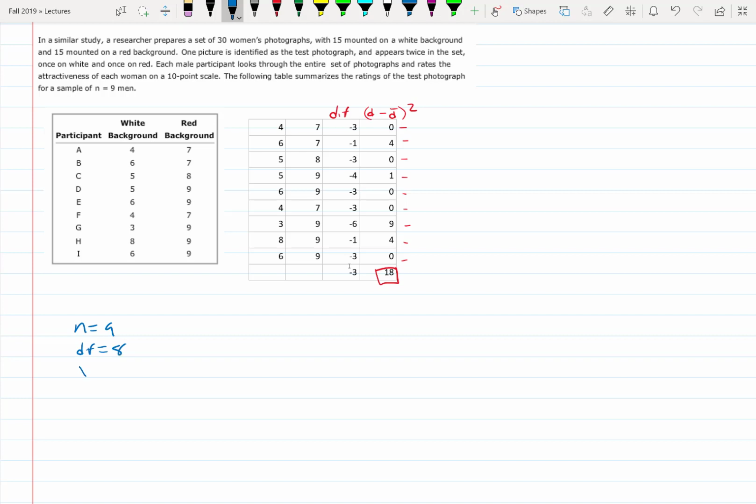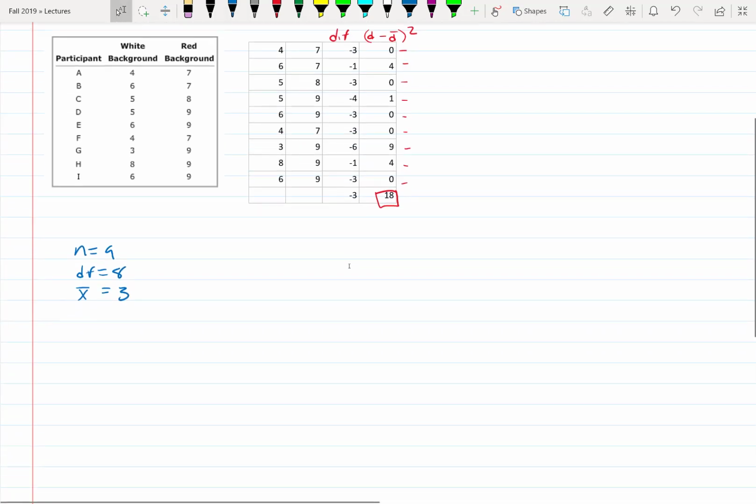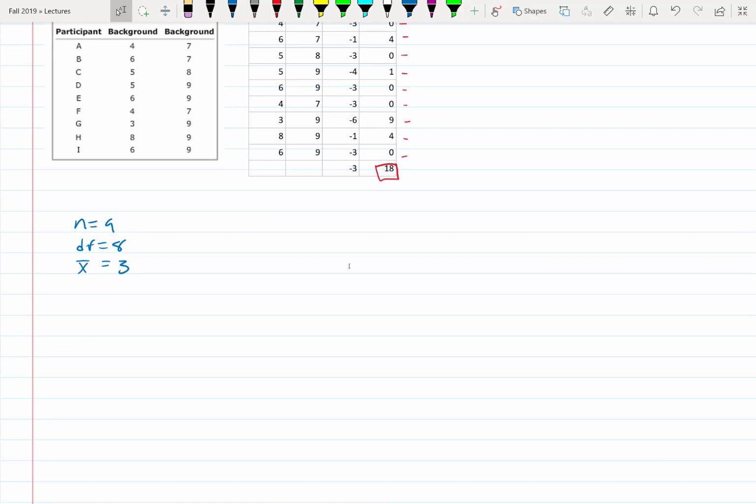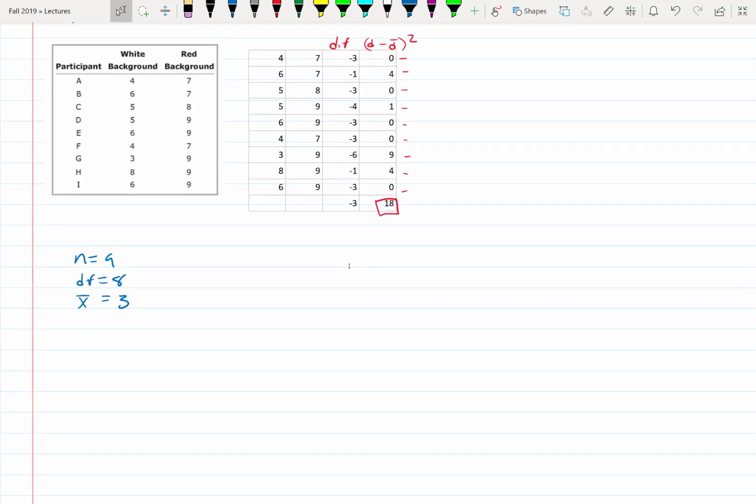We have the mean difference score, which we've computed, and I'm going to make it 3. It doesn't matter that in this case it's negative 3, but I'm just going to make it 3 to make the final calculations a little bit easier. And we have, of course, our sum of squares, which equals 18.